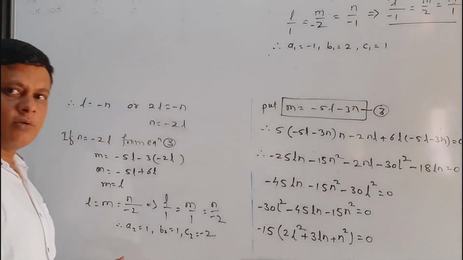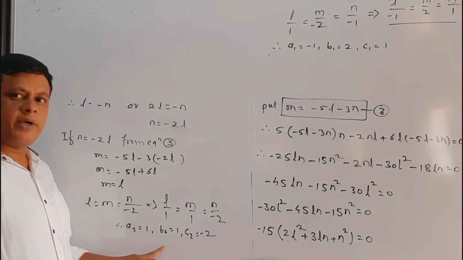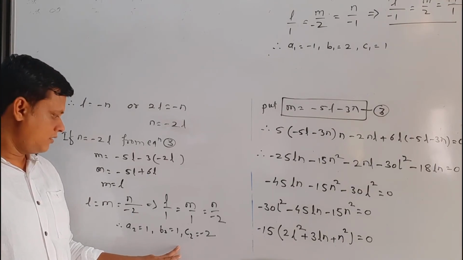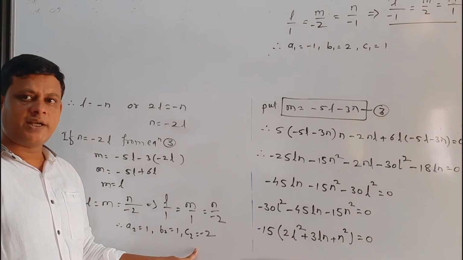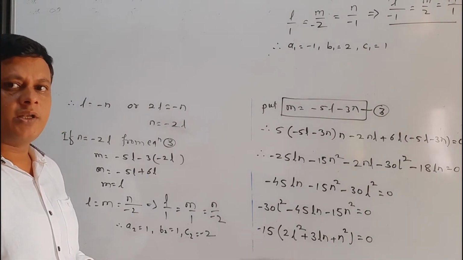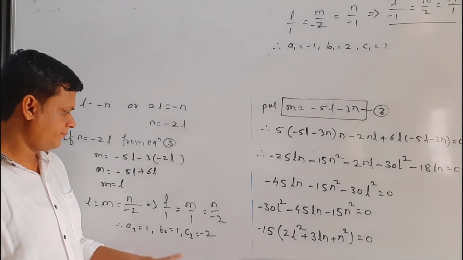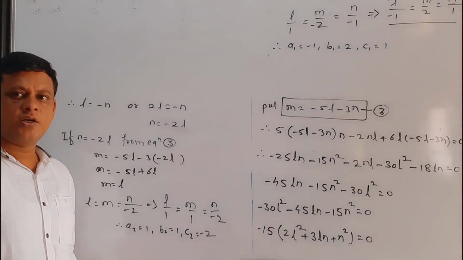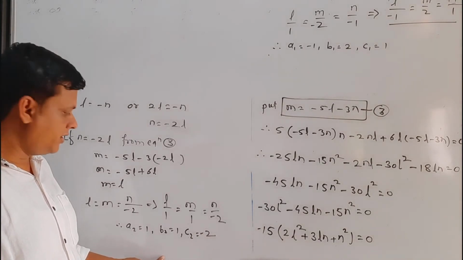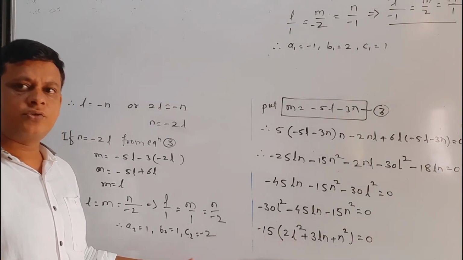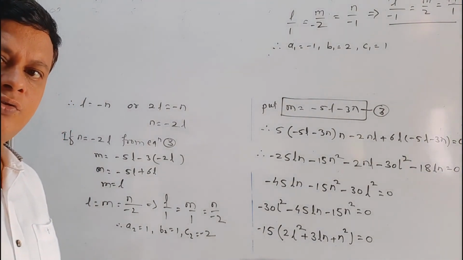Now we use the formula for angle between two lines when direction ratios are given, that is cos theta equals A1 A2 plus B1 B2 plus C1 C2 upon under root A1 square plus B1 square plus C1 square into under root A2 square plus B2 square plus C2 square.